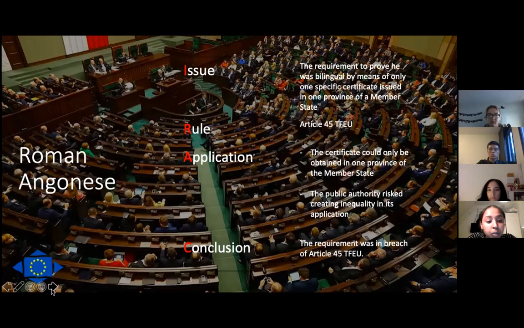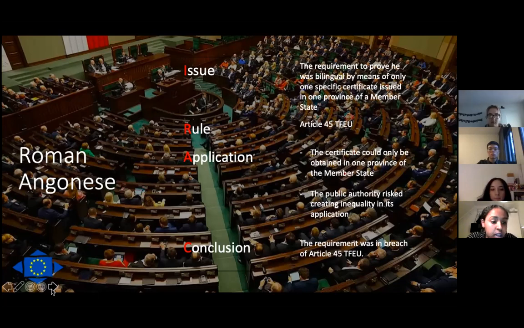And with this regulation, the public authority risks creating inequality in its application. So this case proves that Article 45 is also applicable to the relation between employer, in this case a bank, and employee, in this case Mr. Angonese. Therefore, the requirement was in breach of Article 45 TFEU.